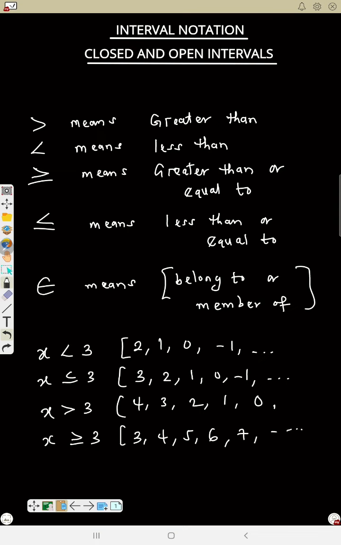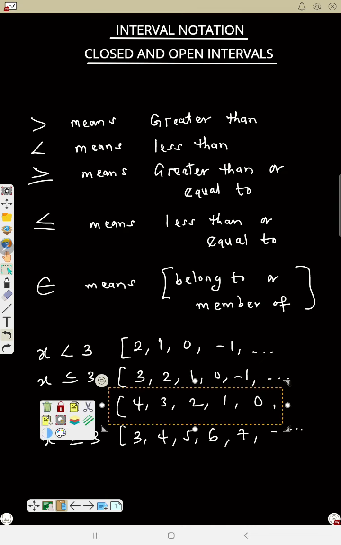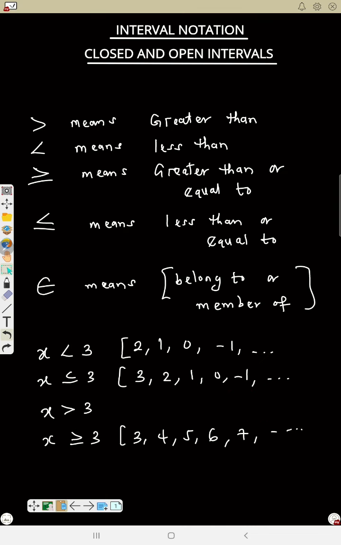Sorry, this place x is greater than 3. That should be 4, 5, 6, 7, 8. Because x is greater than 3, but for greater than or equal to, we are starting from 3.